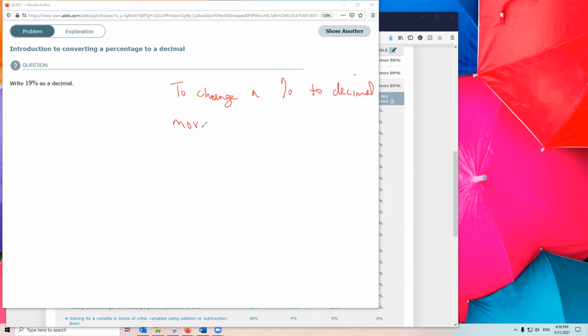You move the decimal point 2 places to the left, and you drop the percent symbol. Because remember, if you're going from a percentage to a decimal, the number is no longer a percentage, so you should not have the percentage symbol anymore.